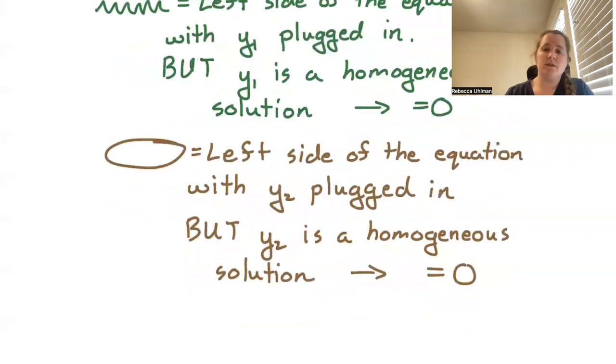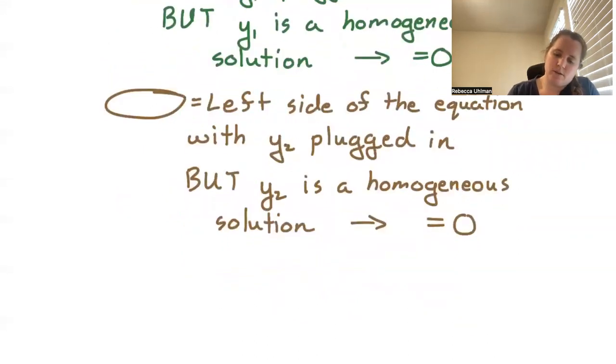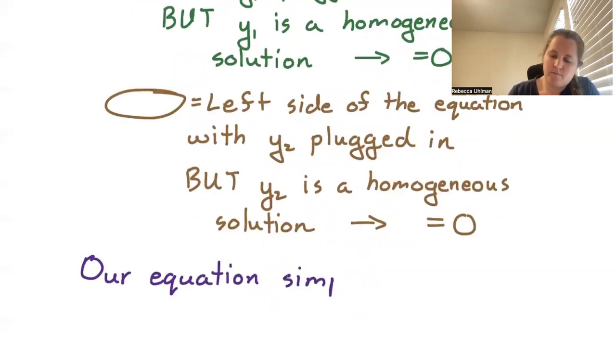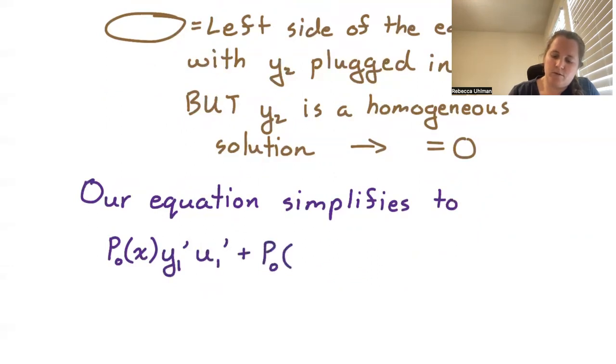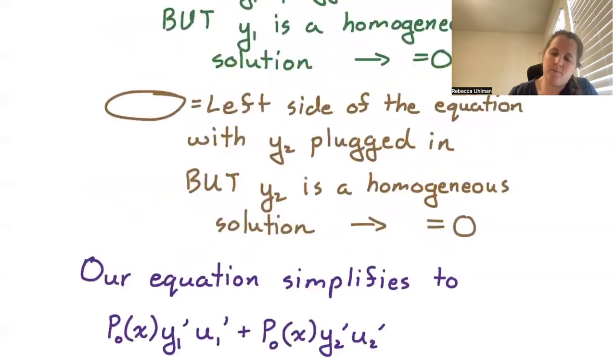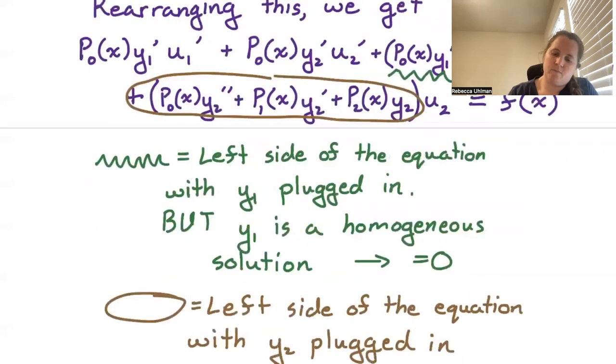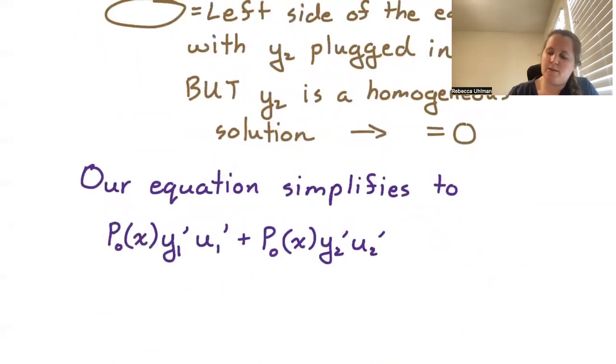And so our equation simplifies down to P0 of x times y1 prime times u1 prime plus P0 of x times y2 prime times u2 prime, and then all the rest is plus 0.